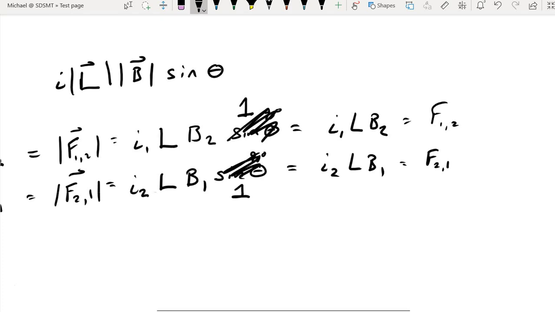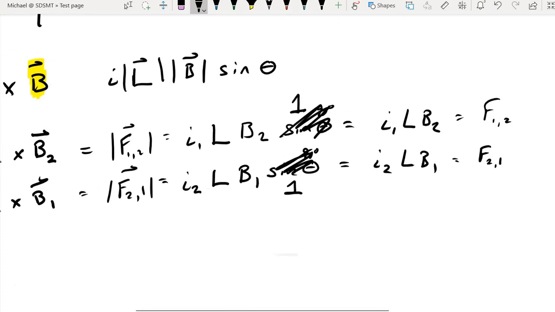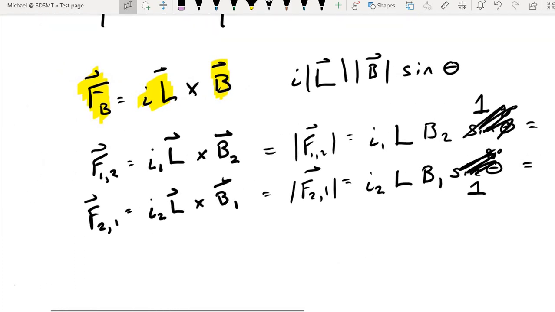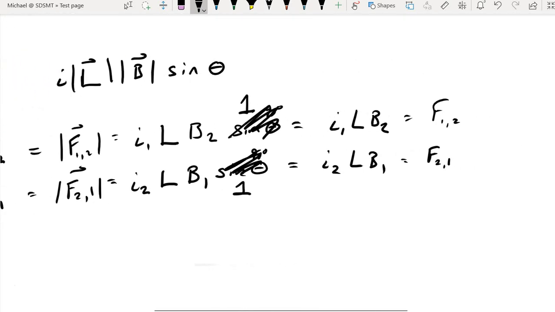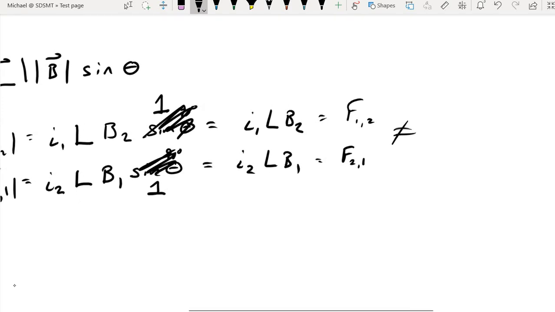Well, these look very similar, except that the subscripts are in the wrong spots. I have current 1 versus current 2, and I have field 2 versus field 1, and that's totally to be expected because that's the way that the system is set up. And we might say, well, no, these two are not equal to each other, the subscripts are in the wrong spot, but we're not done just yet.